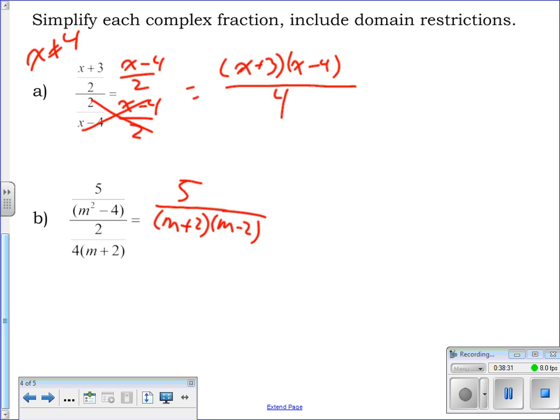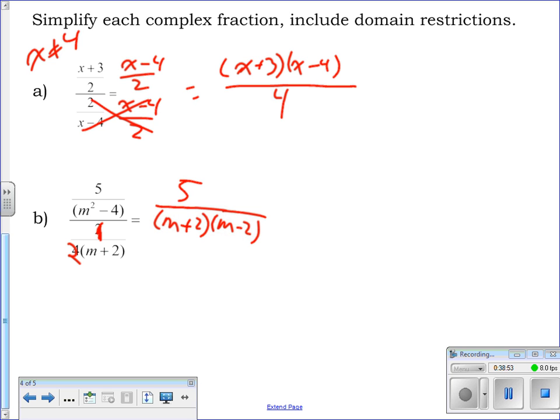And look what I can do here before I even do anything else. I have a 2 and I have a 4. Do you see what I did? I reduced the constants. Normally I wouldn't do any reducing, but they're just constants. Take care of that.